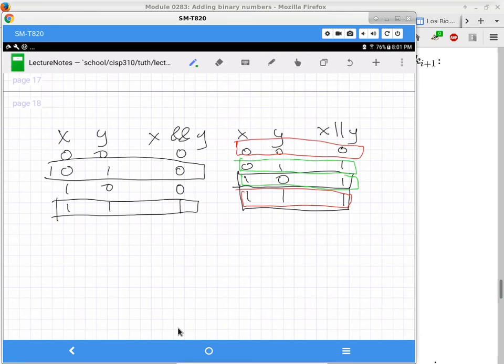Well, they're already circled, because we have x: 0 and 1 is 0, 1 and 1 is 1. So the original value is preserved when you say blah, blah, blah and true. Is that okay?